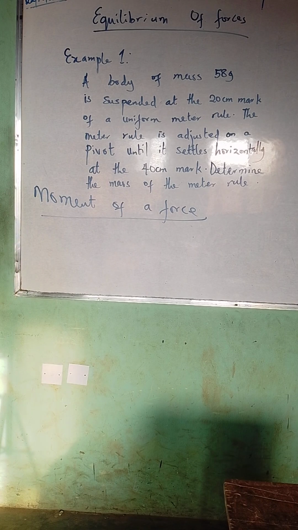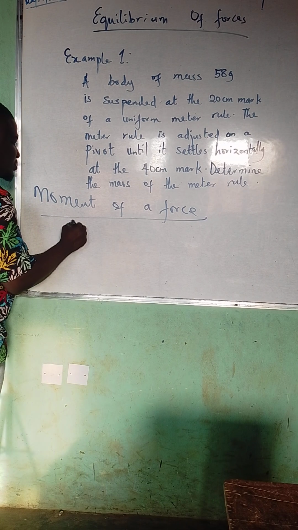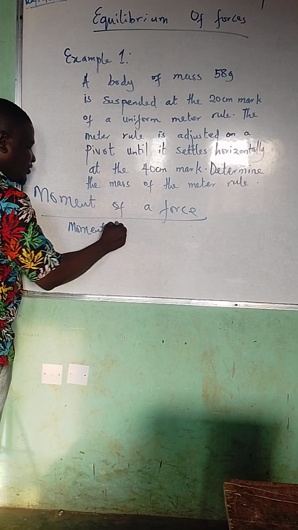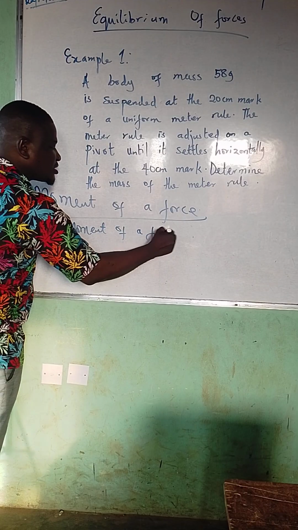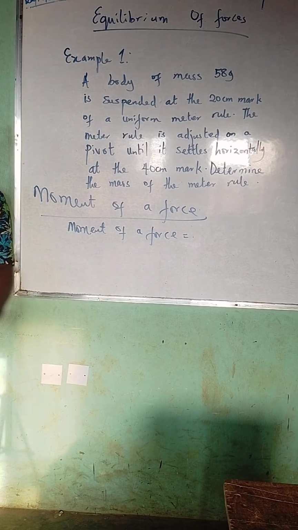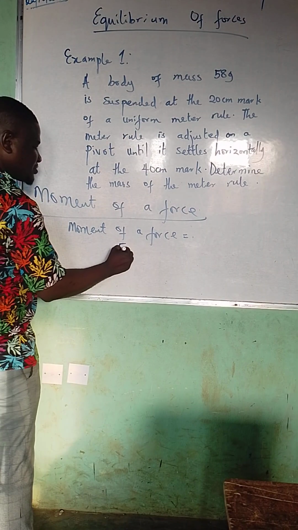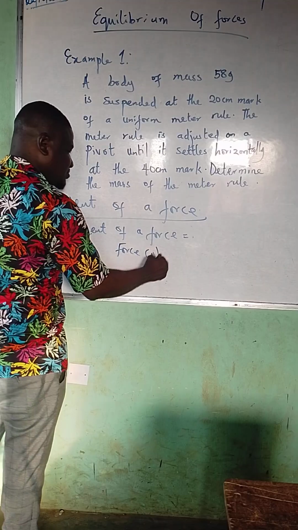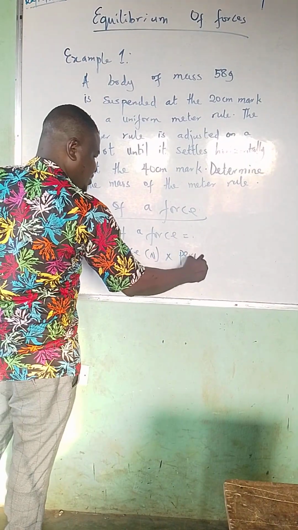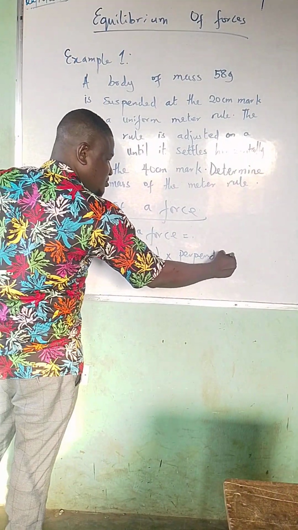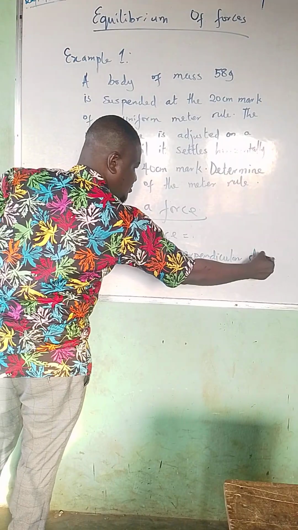Now let's write the formula. Moment of a force is equal to force times perpendicular distance. Force in Newton times perpendicular distance.